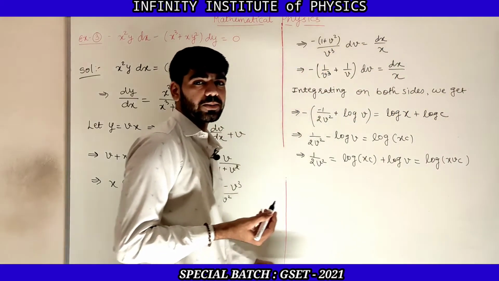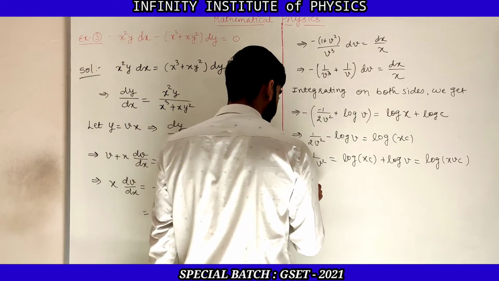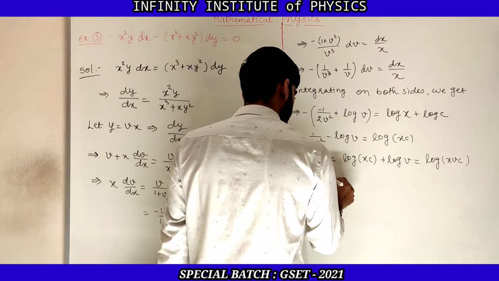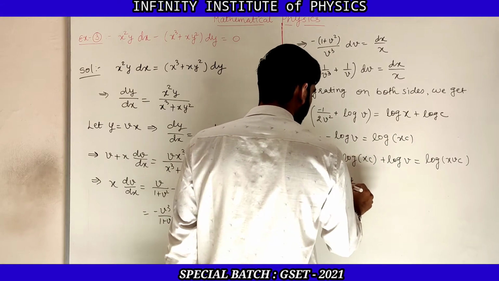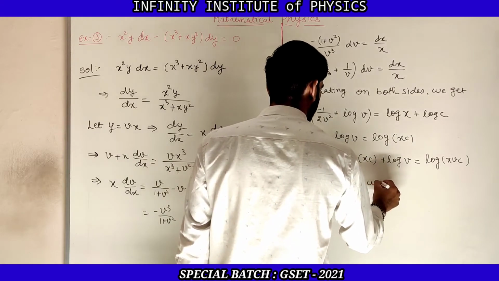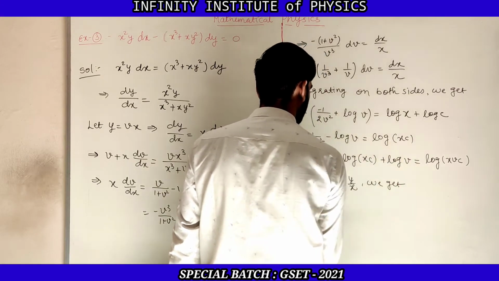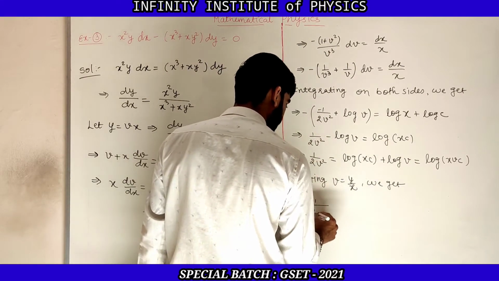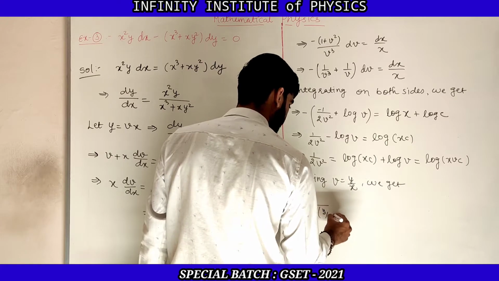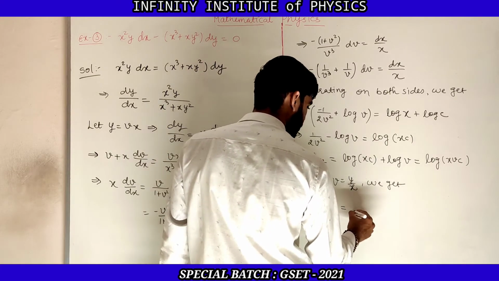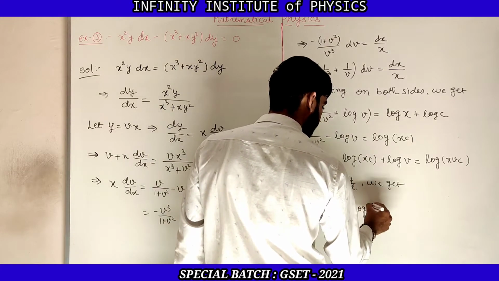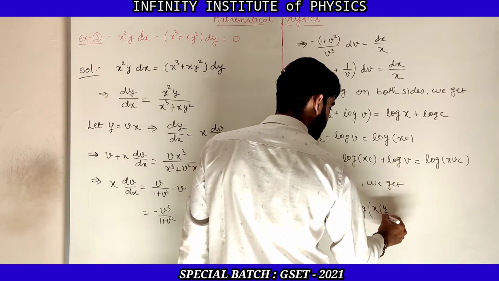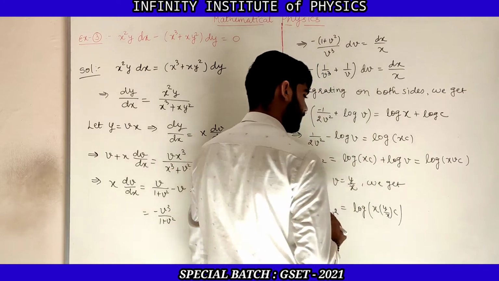And now let us put v is equal to y by x. So putting v is equal to y by x, we get 1 upon 2 into y by x whole square, which is equal to log of x into y by x into c.